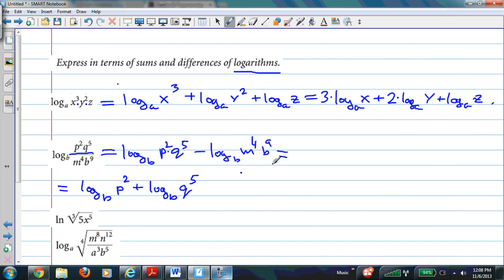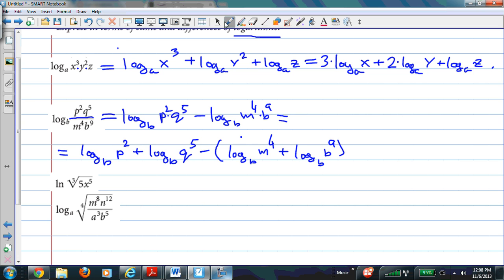And I can do the same thing with the second log, but I have to be really careful because there is a minus in front of it. So I will keep the sum in the parentheses. So that gives me log base b of m to the power 4 plus log base b of b to the power 9. On the next step, I will distribute the negative sign, so I'll end up with 2 negative logs.